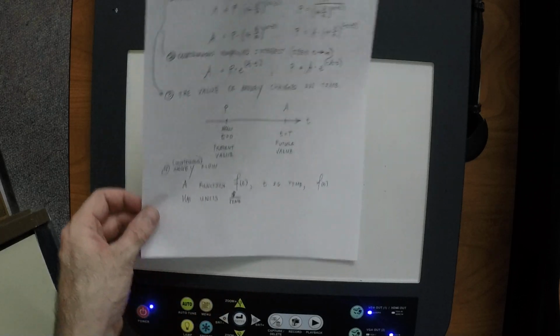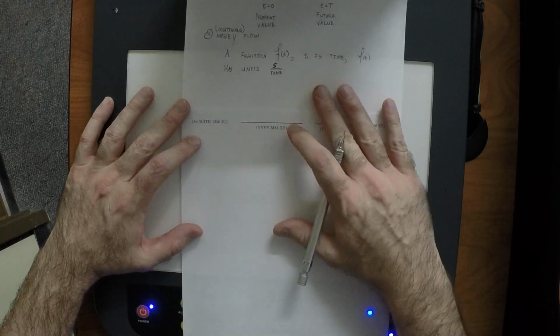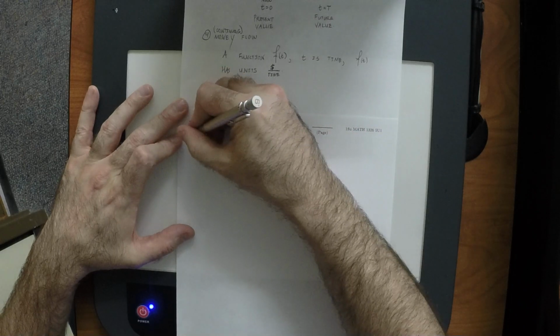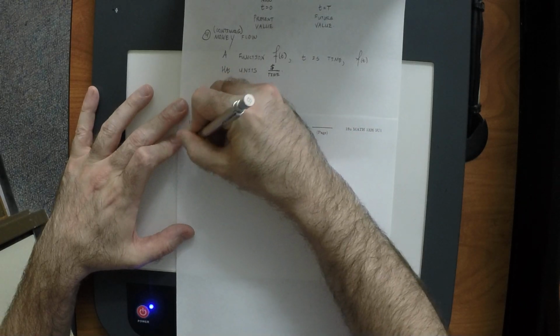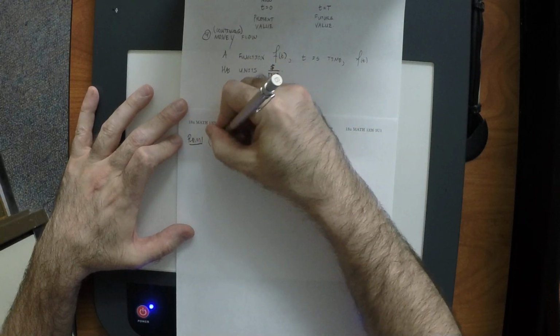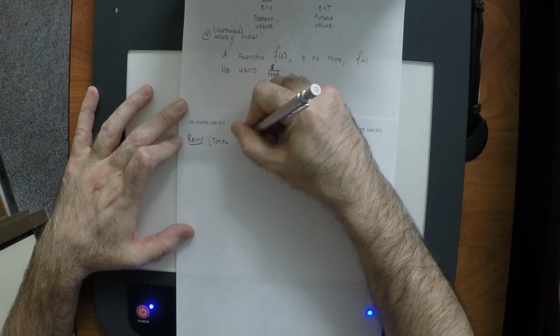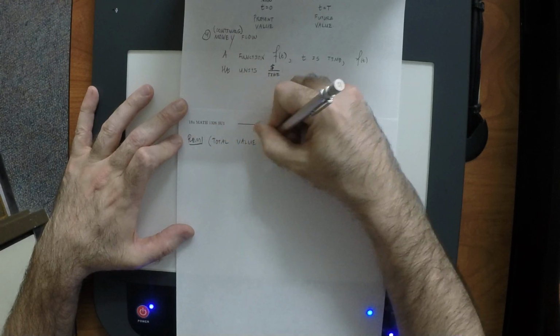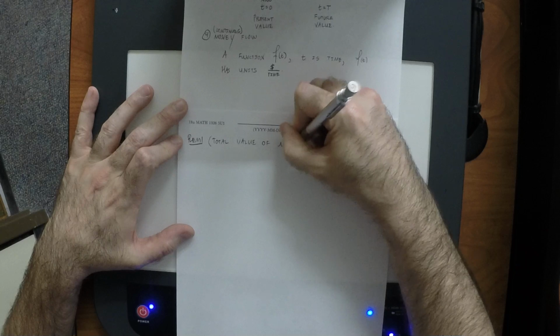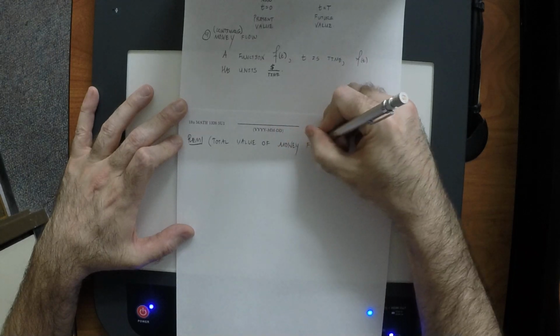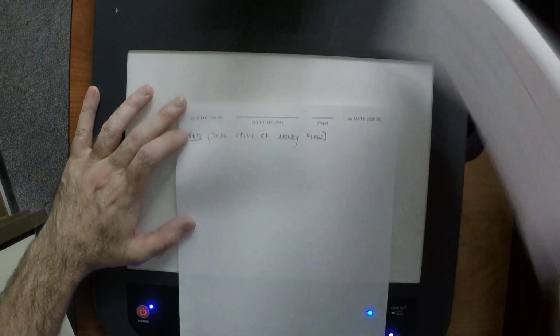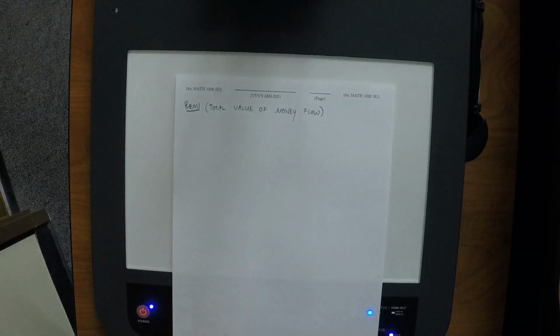So here's the idea. The first idea is the total value of a money flow. The main concept is that you've got a money flow, and of course I mean continuous money flow.